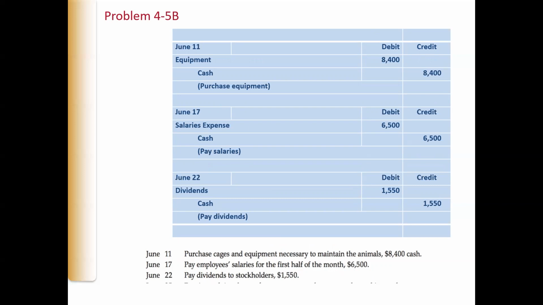Isn't that investing? When we pay employees salaries for the first half of the month, $6,500, we debit our salaries expense, credit our cash. That would be operating. When we pay dividends to shareholders, that would be financing.